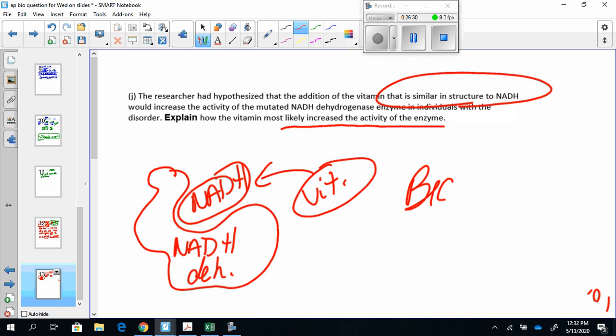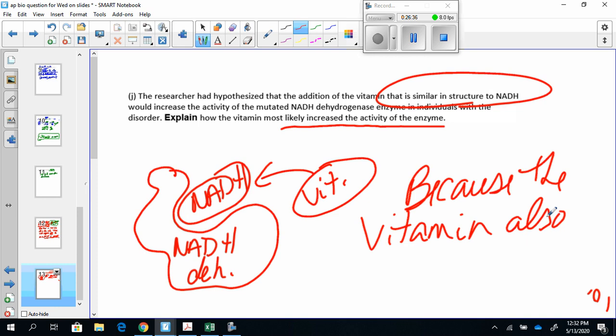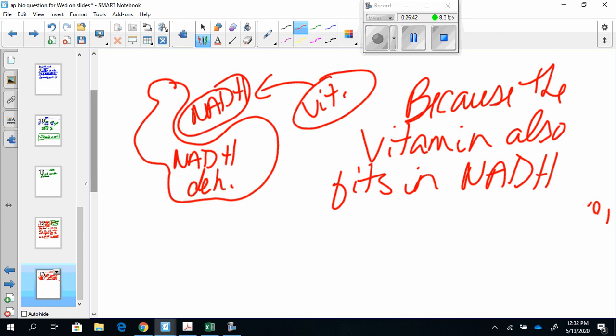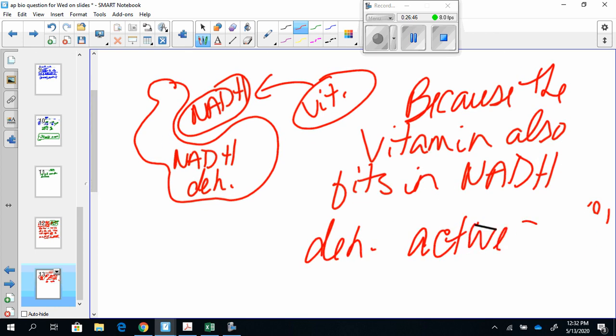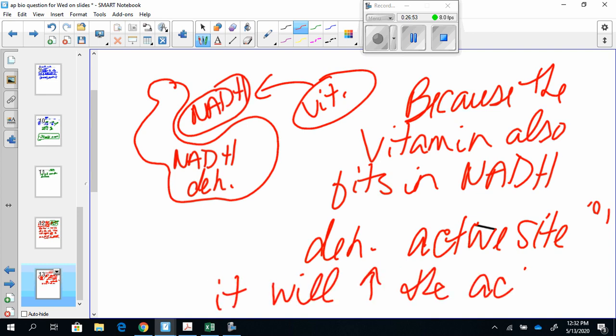So because the vitamin also fits in the NADH dehydrogenase active site, it will increase the activity of the enzyme.